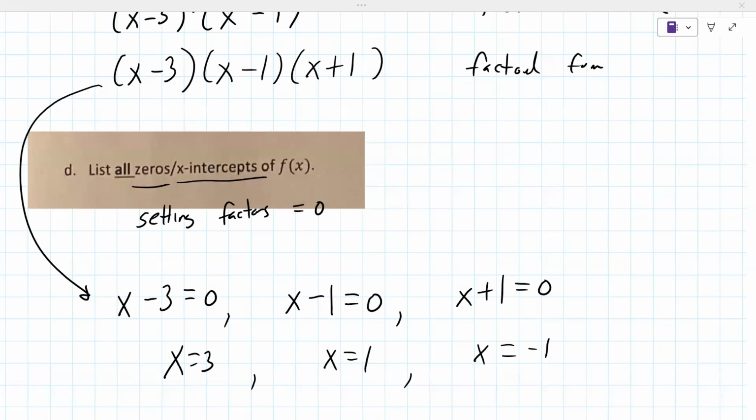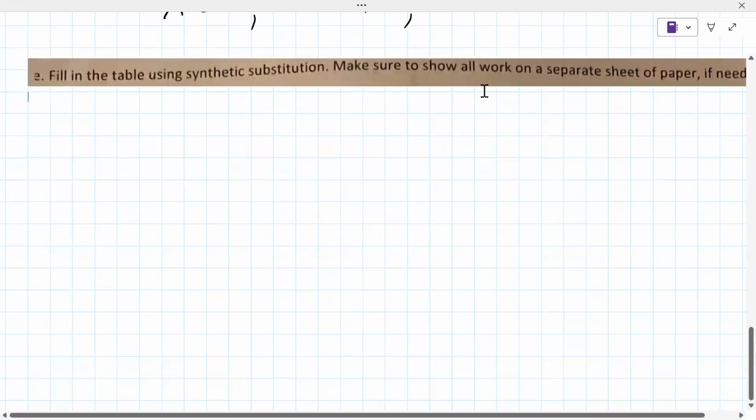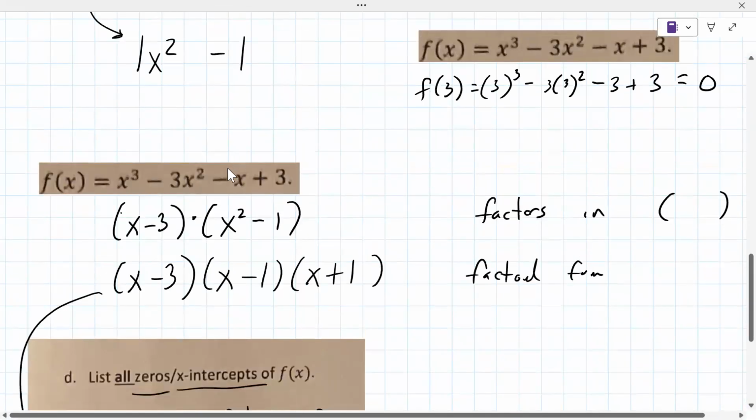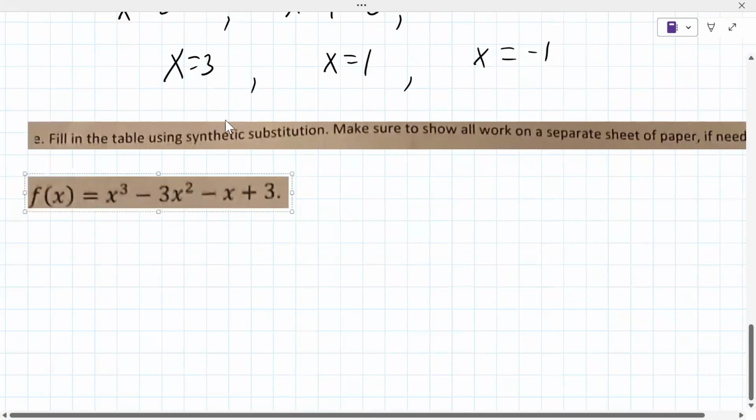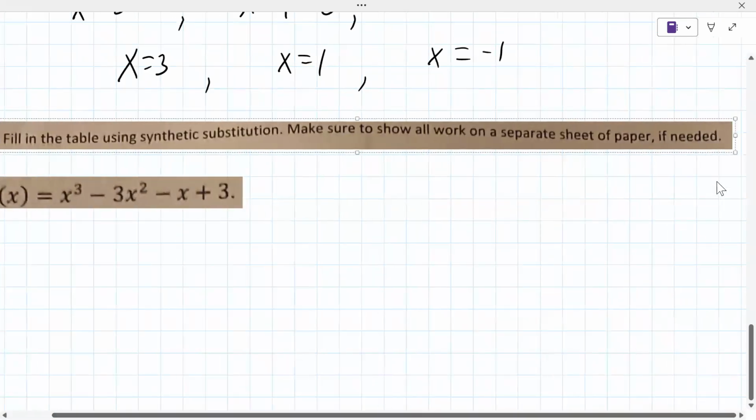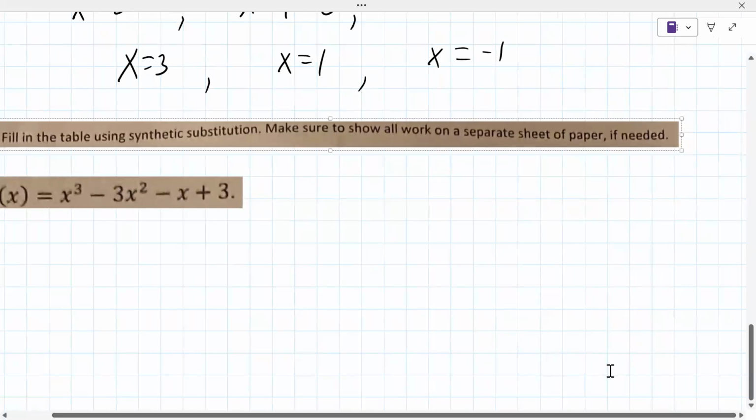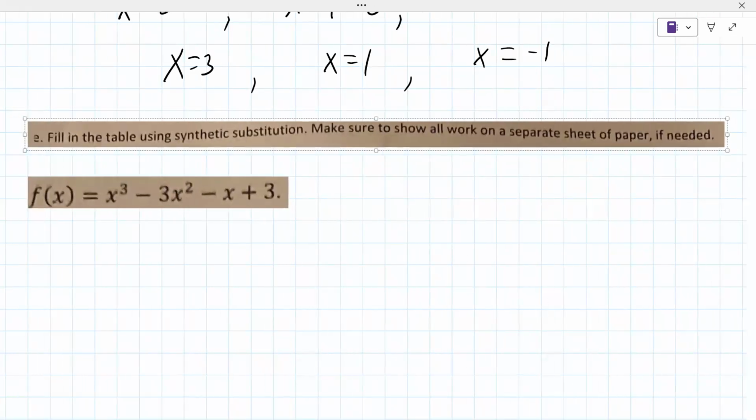E is a very odd problem. So we're starting with this function. Sorry for all the scrolling. Don't worry. So they want you to use synthetic division to fill in the table.